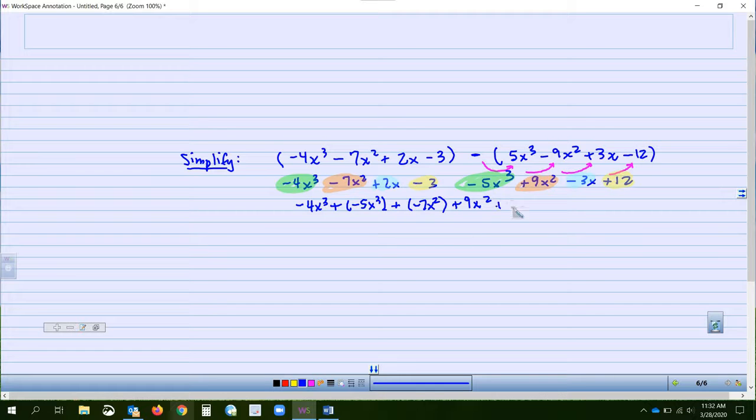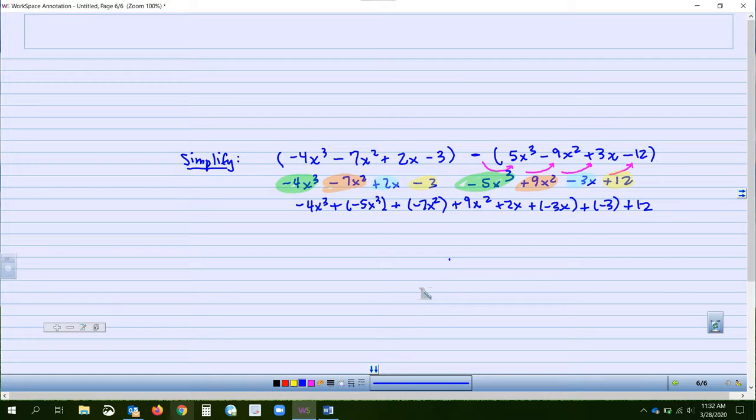So then plus 2x, and I'm not going to put minus 3x, I'm going to put plus negative 3x again, because subtracting a negative is the same as adding a positive. And then I'm going to get plus negative 3 and plus 12.